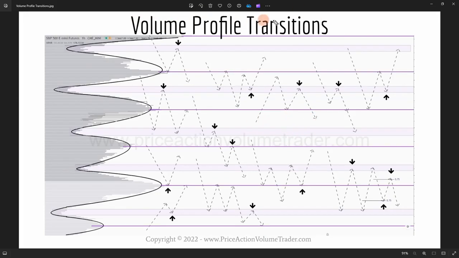And just because it says volume profile, I made this specifically when I was talking about volume profile, but you can imagine that this is also a market profile, okay? So we would be measuring time versus price instead of volume versus price, but it's very similar concepts.